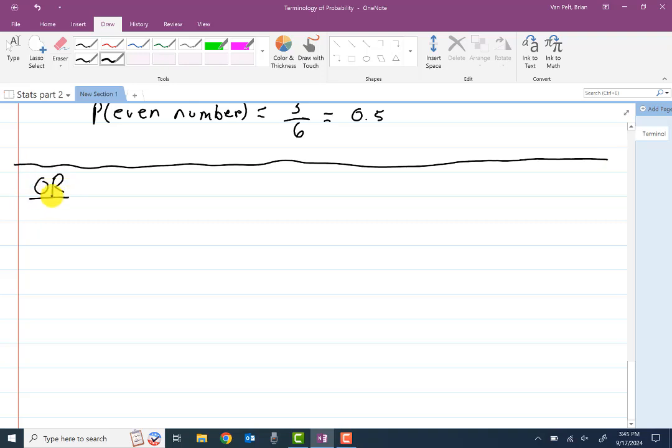The word or is important in this course. So we're going to roll a die again. So when you roll a die, we know that the sample space is 1 to 6.